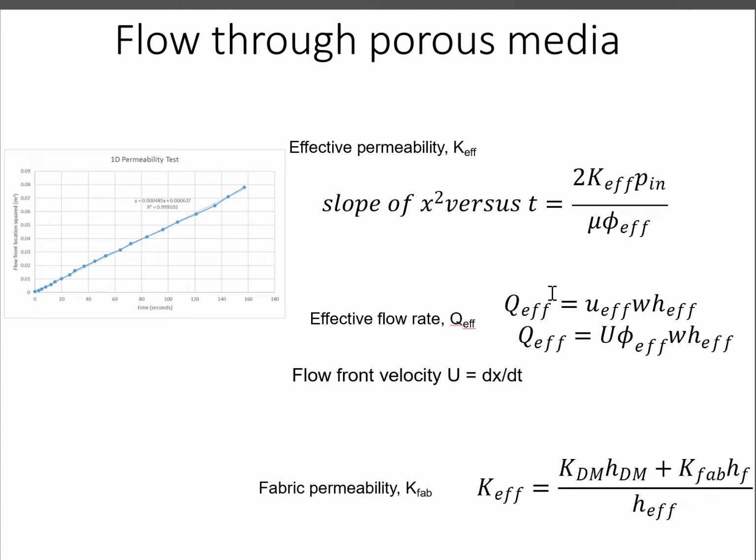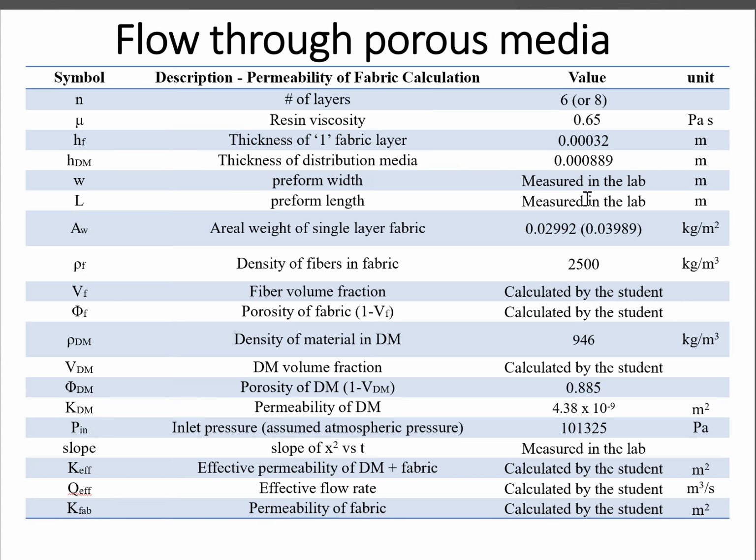And so using this equation that we have already found, you can find the effective permeability. Then you bring the effective permeability here to find the permeability of the fabric, the effective permeability of the fabric, for that matter. And this is the table that you will need for this analysis. The number of layers can be 6 or 8 or 4, depending on the number of groups you have in the lab. And we have the viscosity of the resin, we have the thickness of all of the layers; you have to create the preform yourself, so you have to measure it in the lab yourself.